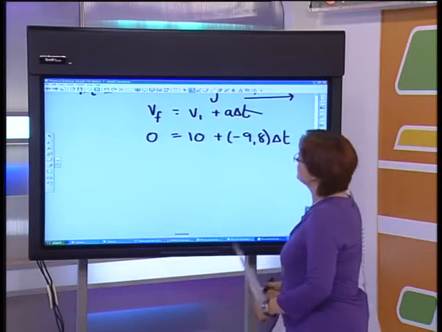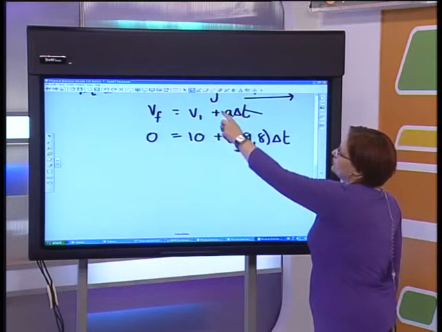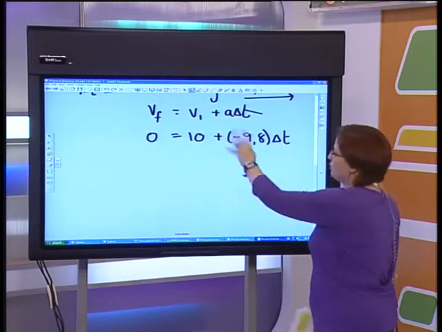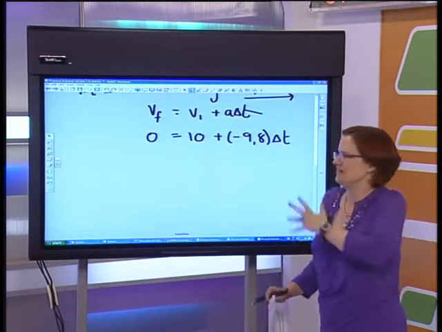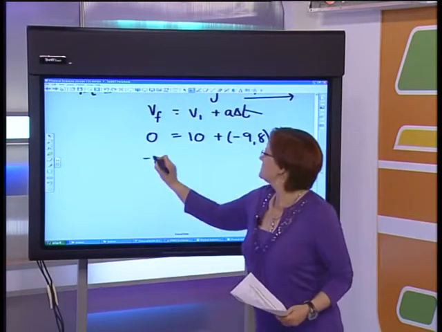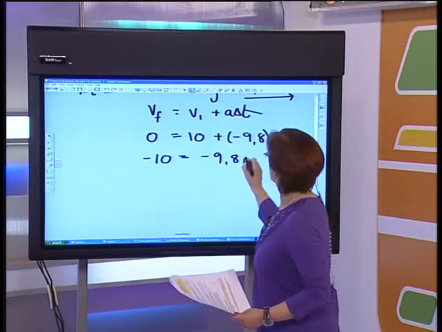Please put it in brackets. This is just a layout thing, because often if you try and substitute this in and you forget the plus side and you don't put this in brackets, the plus and the minus gets mixed up and you forget what to do with it, and then it just becomes a silly error that you can avoid. We get minus 10 on that side, minus 9,8.